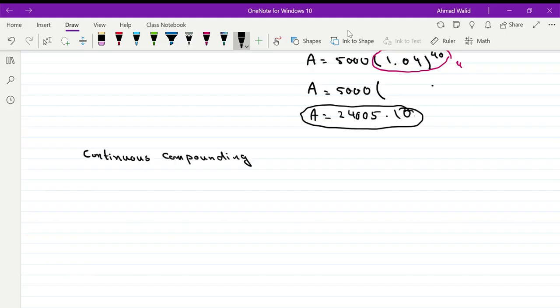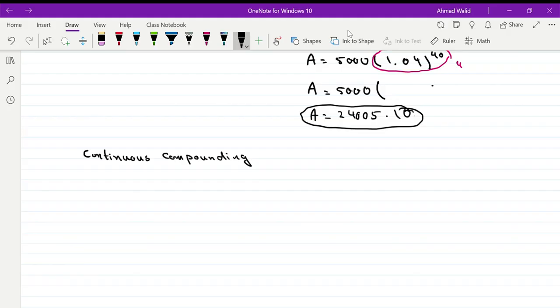Some banks use continuous compounding. It means that the number of compounding periods increases infinitely. Correct?